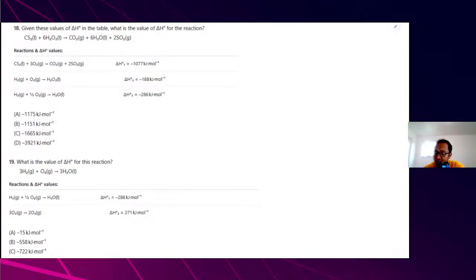So let's take a look at the first step. We need to rewrite the target reaction, just to make it easier for us to navigate our answer, so rewrite it over here.